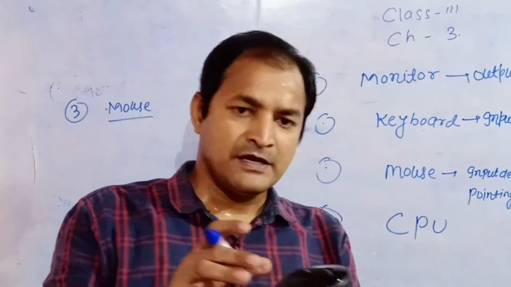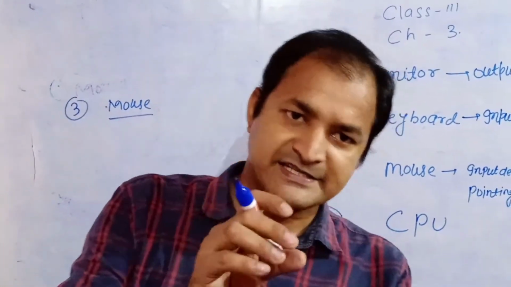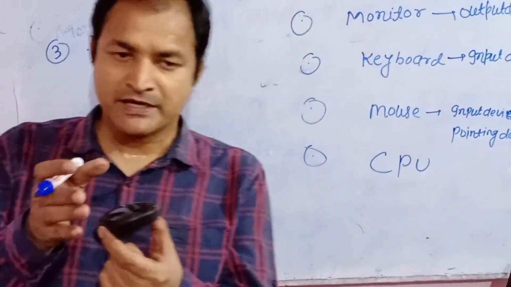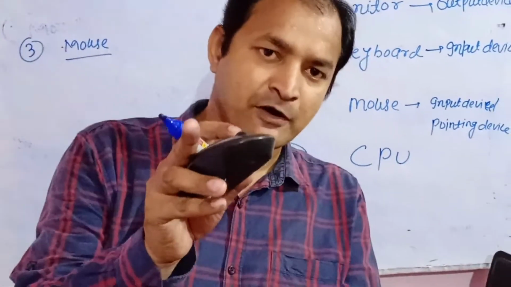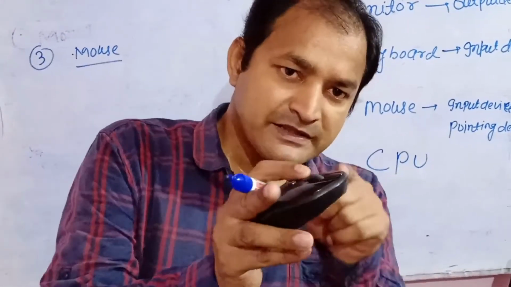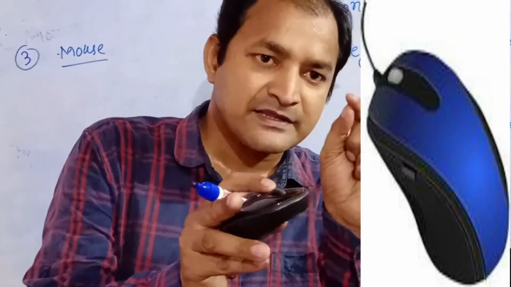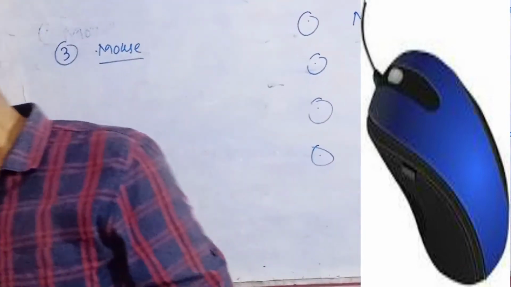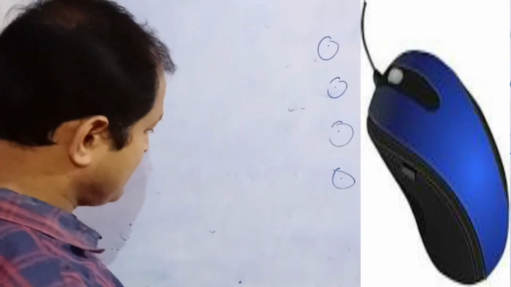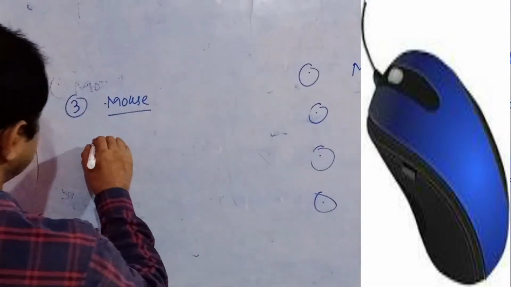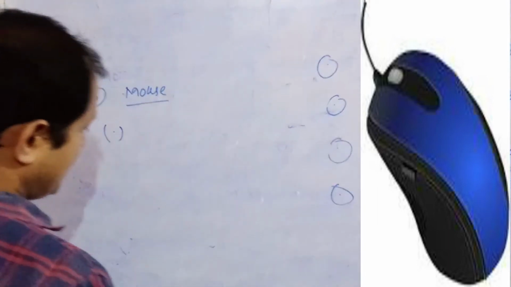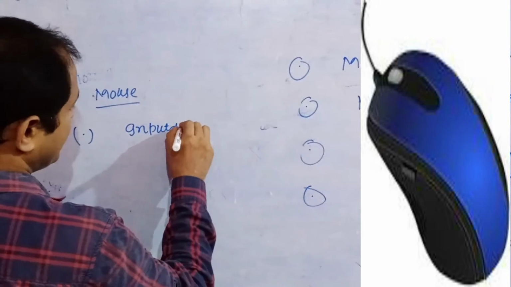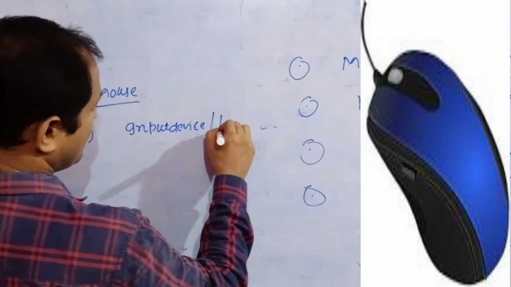Because when you enter any type of data in any place on the computer monitor, first of all you click the mouse, then click, and the mouse cursor is blinking in this particular area. So this is the pointing device. First, the mouse is an input device or pointing device.